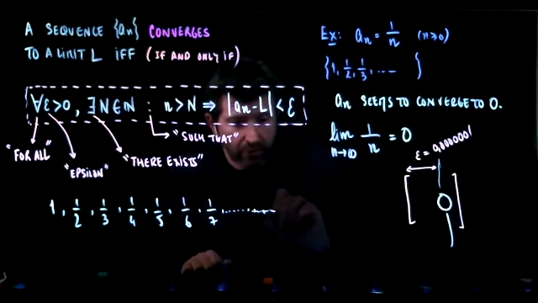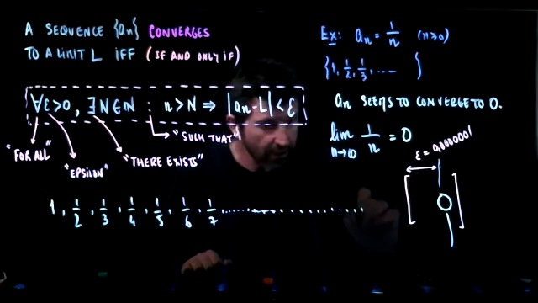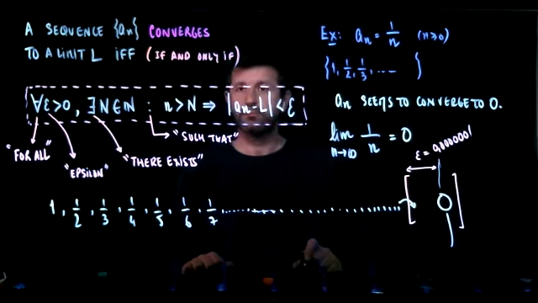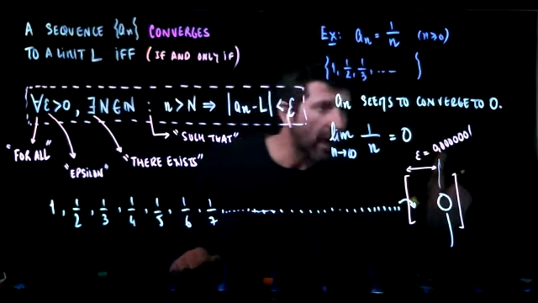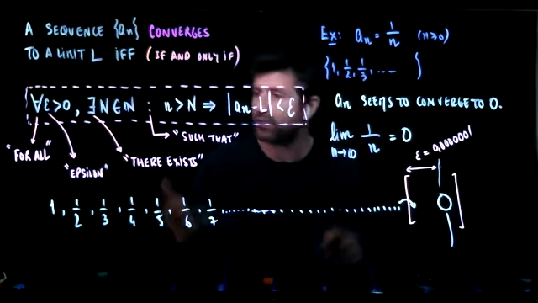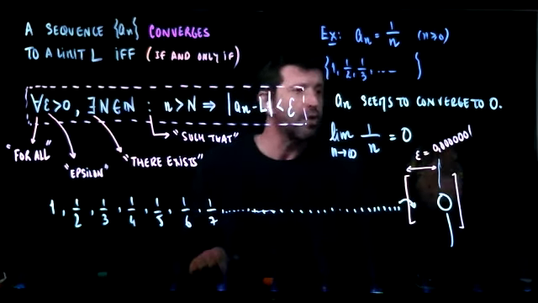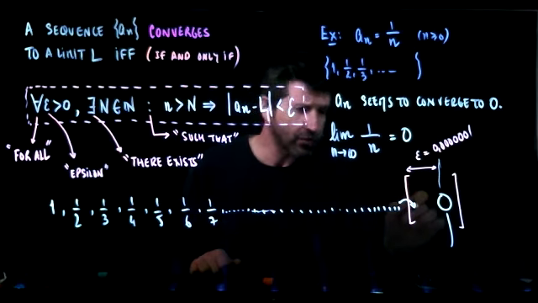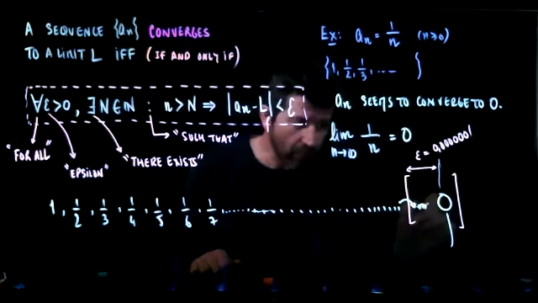There is a point in time where my sequence for sure will enter here. I could get to this very easily. I just have to take n equals 10 billion. If I take n equals 10 billion, I'm going to land inside here. My term will be inside, and then after that, every term will be in here.